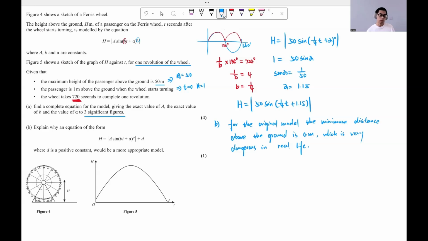In the new model, adding d makes the distance between the ground and the passenger d meters more. So it's safer. That's it.